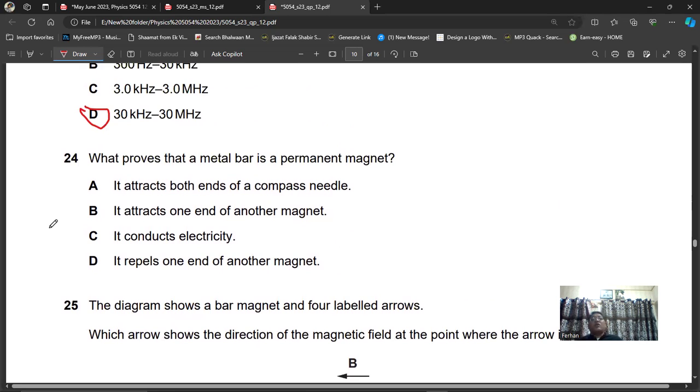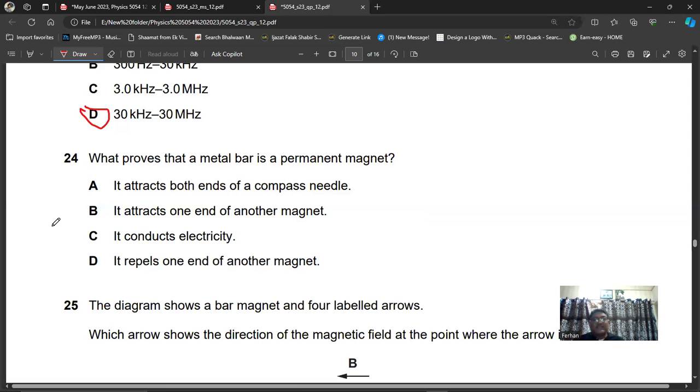Question number 24. What proves that a metal bar is a permanent magnet? The test for something to be a magnet is repulsion. The metal bar, if it's a permanent magnet, should be repelled by another magnet. It attracts both ends of a compass needle? No. It attracts one end of another magnet?